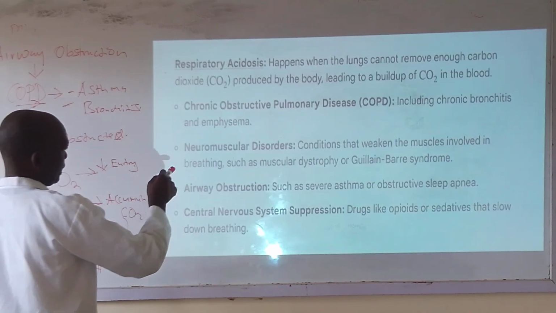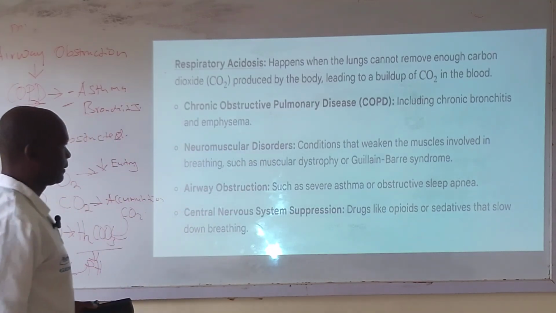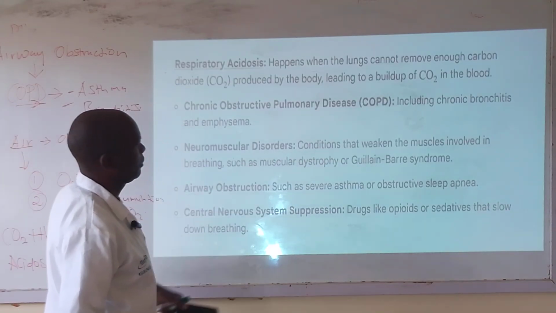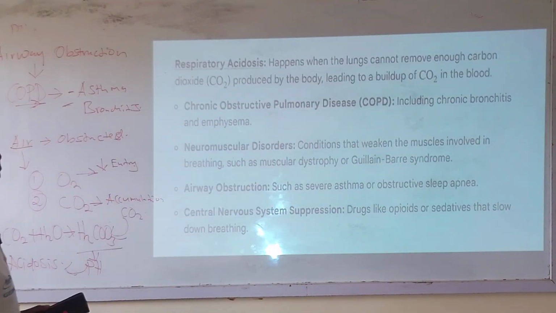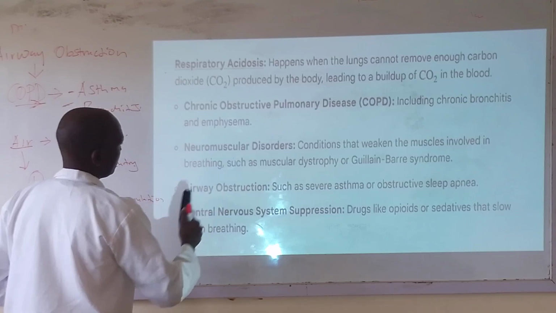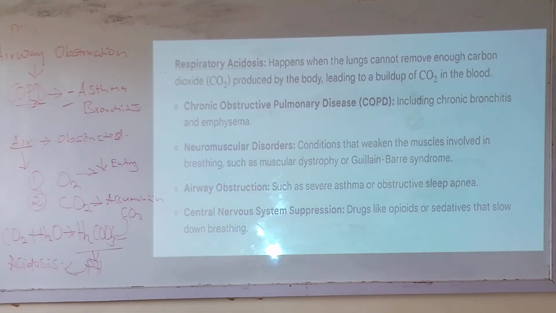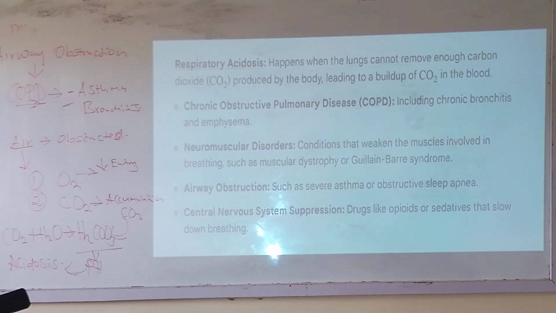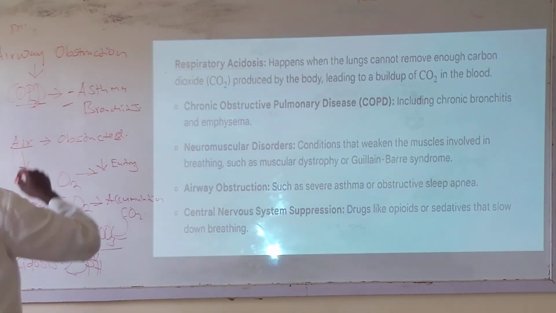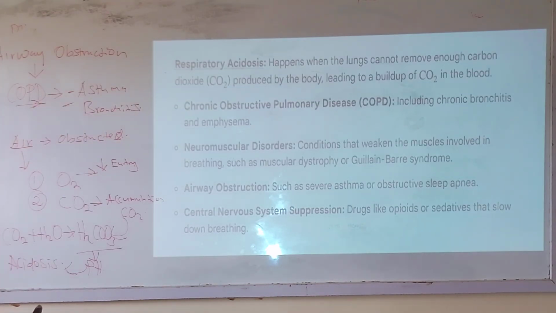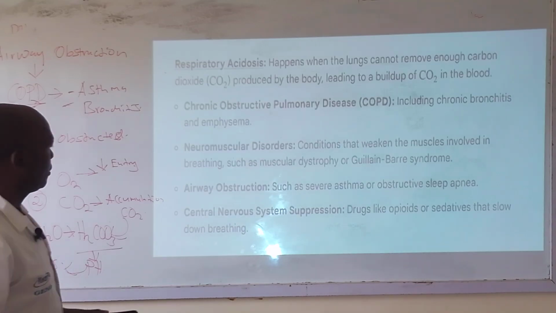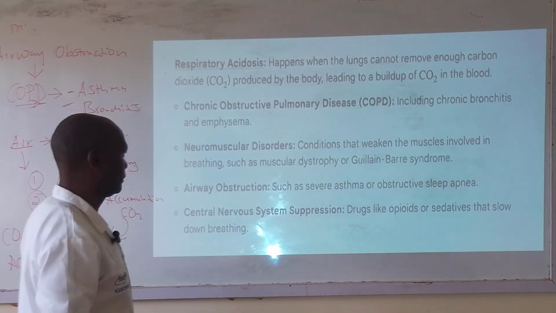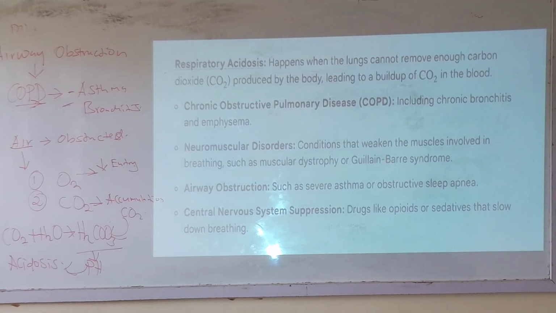A good example is neuromuscular disorders. For example, if you have a condition that can weaken the muscles which are supposed to help you in breathing, then it means your breathing will be distorted, and therefore you will not be able to do the intake of oxygen and excretion of CO2. A good example of this kind of paralysis is Guillain-Barré syndrome, GBS.